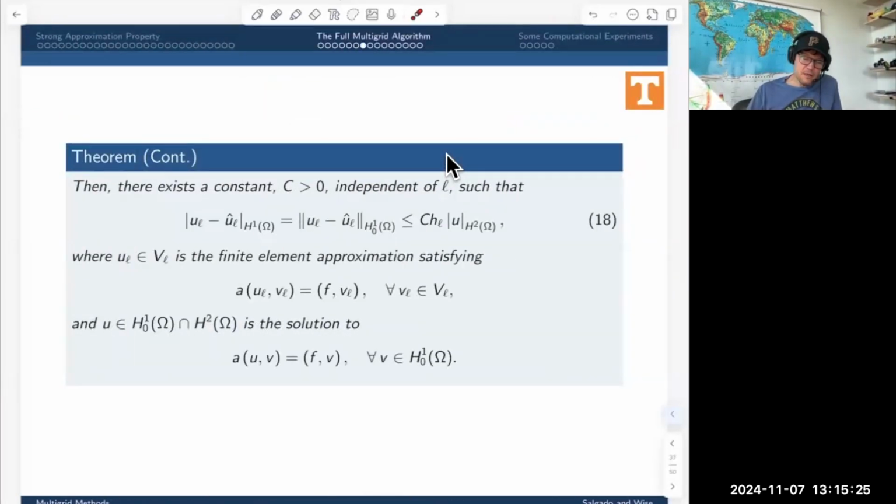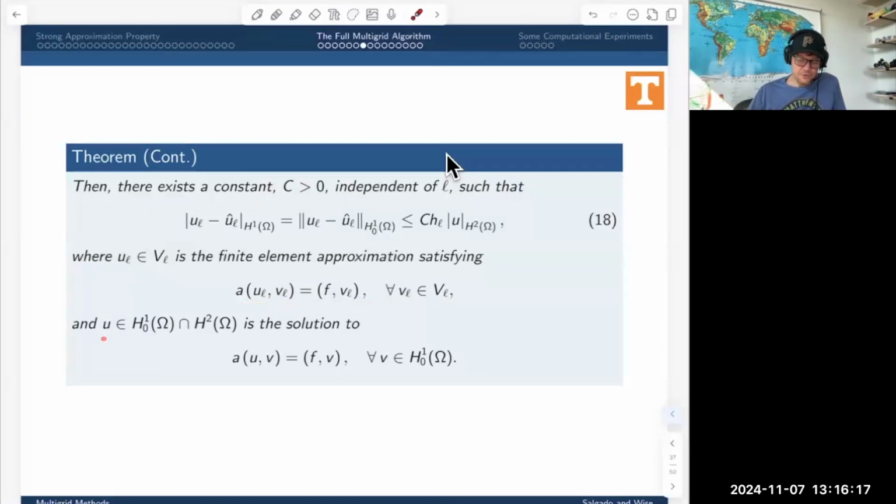Then there exists a constant independent of L such that the solution that we want, this is the finite element solution, minus the solution that we're generating by running our full multigrid algorithm to level L, measured in the H1 semi-norm, which is the same as the H01 full norm, this is just the norm which has the gradient-only parts, is less than a constant times HL times the H2 Sobolev semi-norm of the true solution U, where UL is the finite element approximation of the problem on level L. So this is the standard way to write the finite element approximation.